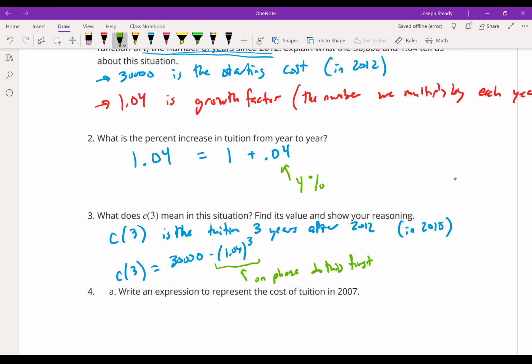But the answer you get should be $33,745.92. That is our cost of tuition after 3 years have passed, so in 2015.